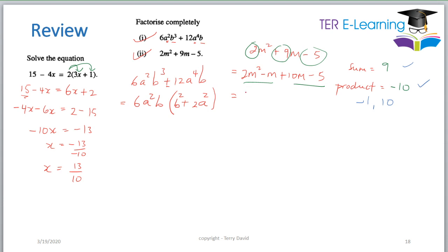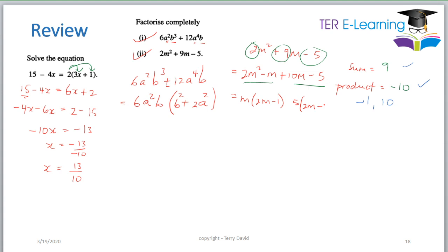So if we look at the first two terms, we have m common, so we can pull out m. So this will be m open brackets 2m minus 1. Right? I told you I don't worry too much about the sign. So what you have common to the 10m and the minus 5? You can pull out 5. And this will be 2m, and because we're doing this method, factorizing by grouping essentially, the two brackets need to be the same.